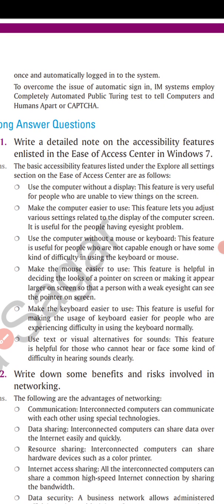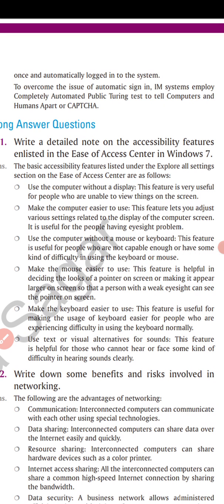In the short answer question, we learned what accessibility features are, and now here we also write a detailed note. If you are writing a detailed note on the accessibility features of Windows 7, you can write lots of things. The basic accessibility features listed under the Explore all settings section of the Ease of Access Center are as follows.